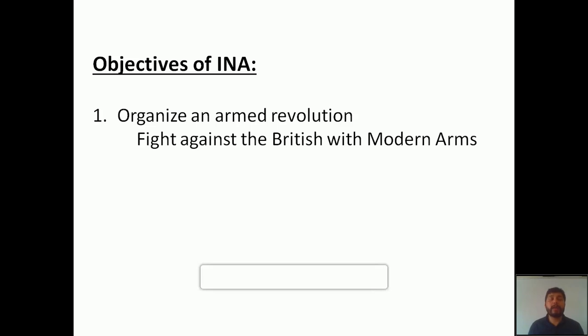Our Indian National Congress leaders were focusing on non-violent measures to fight against the British. But here, the Indian National Army, that means under the leadership of Subhas Chandra Bose, they were ready to fight against the British with modern arms. That was the first objective of the Indian National Army.